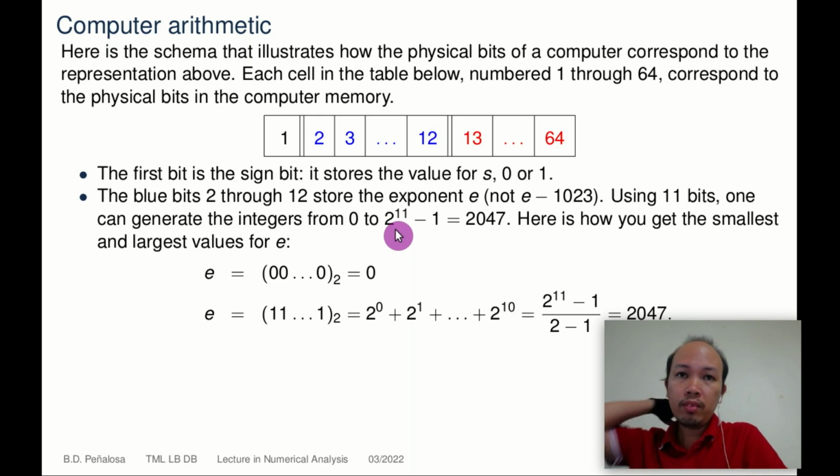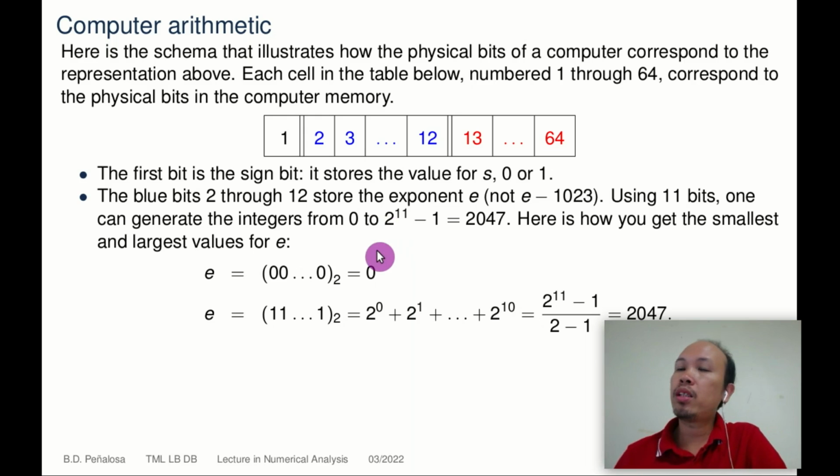If you are studying combinatorial mathematics, the blue box 2 stores two numbers only, 0 and 1. For box 3, we have 0 and 1, box 4, 0 and 1, box 5, 0 and 1, and up to box 12, 0 and 1. So there are 2 to the 11 possibilities.